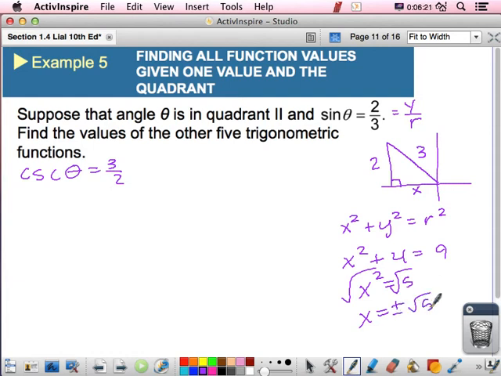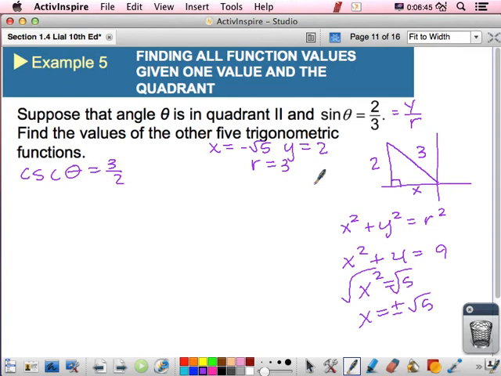It's got to be negative. And because it's in quadrant 2, the x value of any ordered pair there has to be negative. So we're going to say that x is negative square root of 5. So here's what we know. X is negative square root of 5, y is positive 2, and r is positive 3. And once I know those 3 things, I can find any trig function I want just by using the definitions.